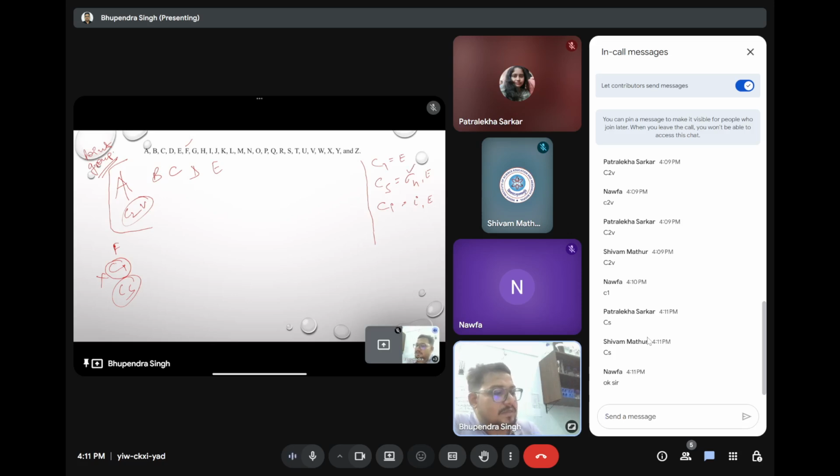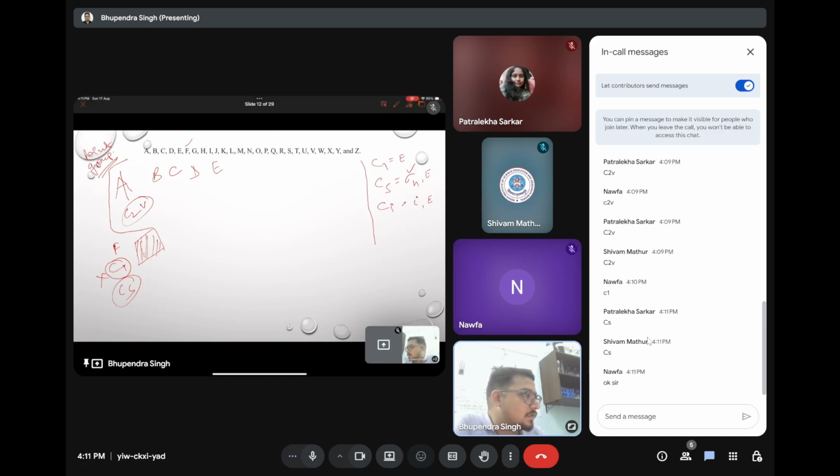So this is your plane, and in that plane you are writing F. There is no rotational axis, no principal axis or subsidiary axis. Nothing is there, but the plane is there.